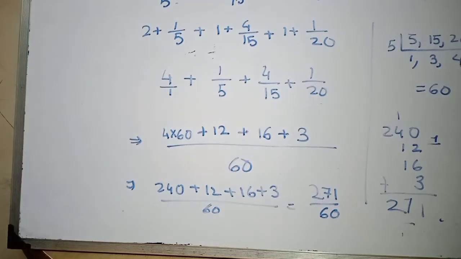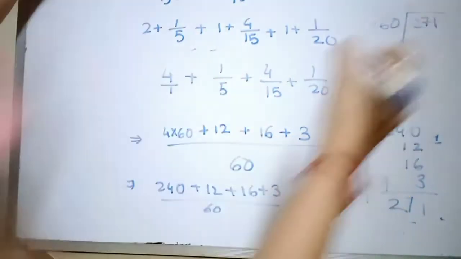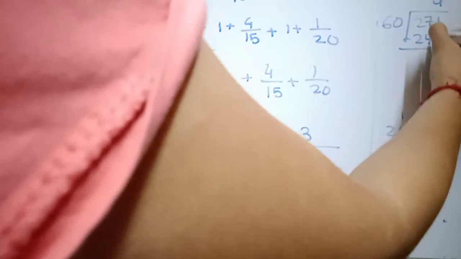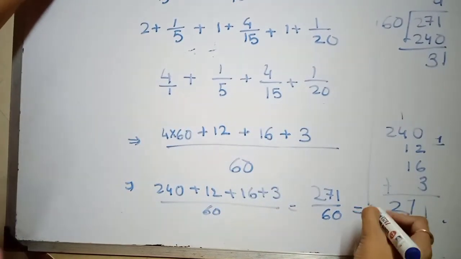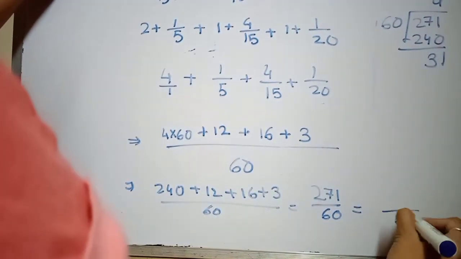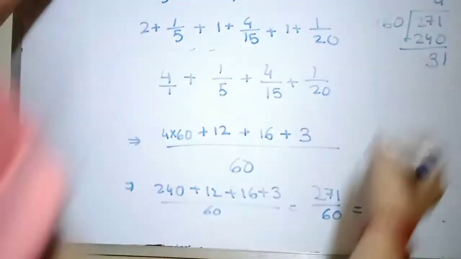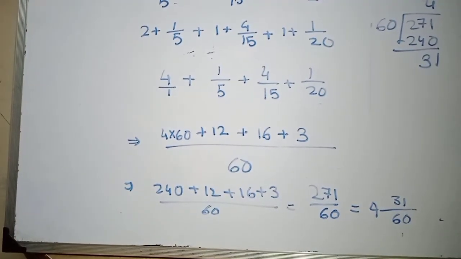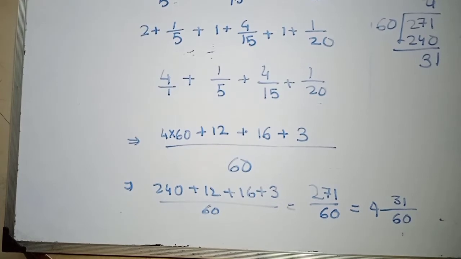Again this is an improper fraction, so we will convert it into a mixed fraction. 271 divided by 60, what I get is 4. 4 zeros are 0, 24 minus, we get this. Here we know how to write the mixed fraction. I will write 60 as the denominator, 31 in the numerator, and 4 will be here. That is 4 whole 31 by 60. This is my answer. So this is how we are going to add 2 or 3 mixed fractions.